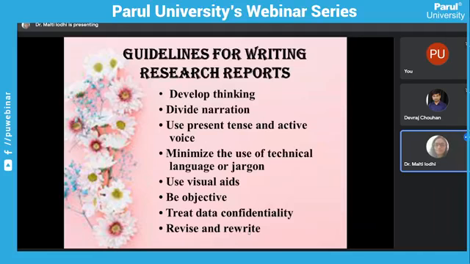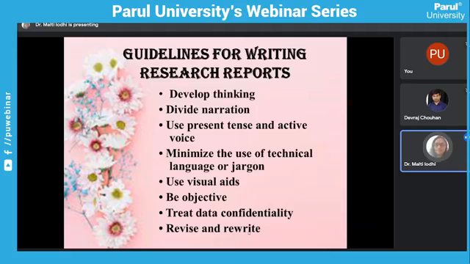Then treat data confidentiality. Yeah, this is the most important thing. While you are writing the report, you should not leak any data which is not needed for anybody, and always remember that you should not leak the name of the person who has given the information to you.